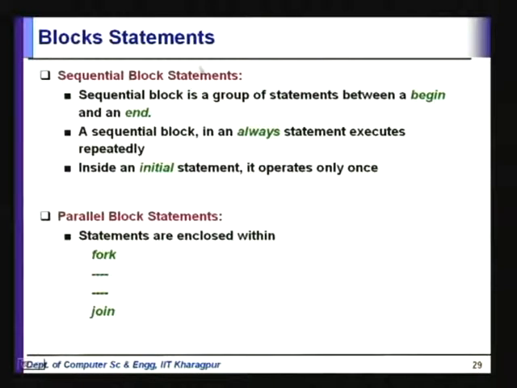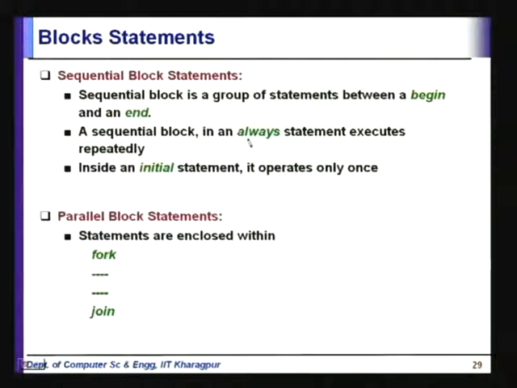So, what are the block statements? Sequential block statements. A sequential block is a group of statements between a begin and an end. Whatever you have between the begin and the end will sequentially execute one after the other. A sequential block in an always statement executes repeatedly. The always may not be triggered also.